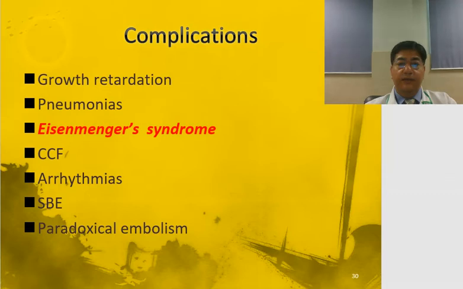And CCF is a common association of moderate to large size defects. Arrhythmias can happen if the defect is in the area of the conduction system of the heart, so it may be associated with conduction defects.